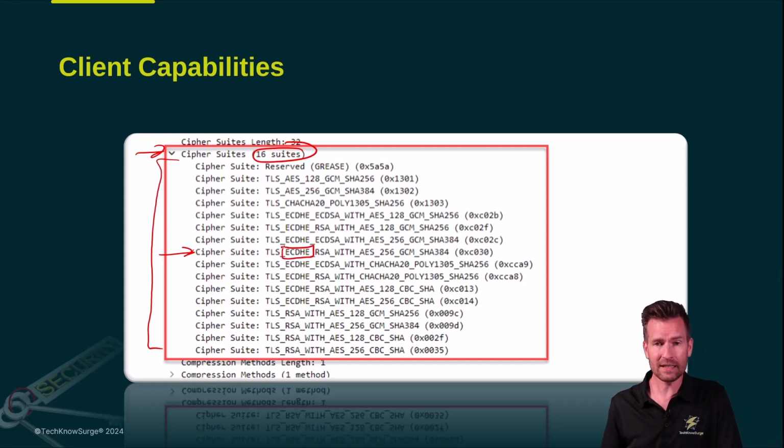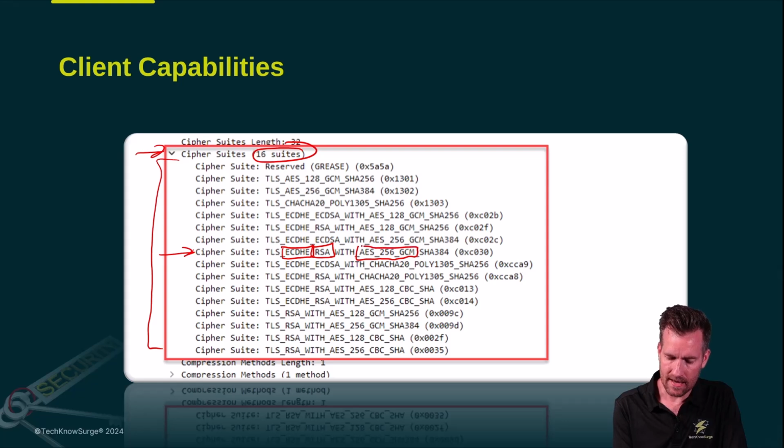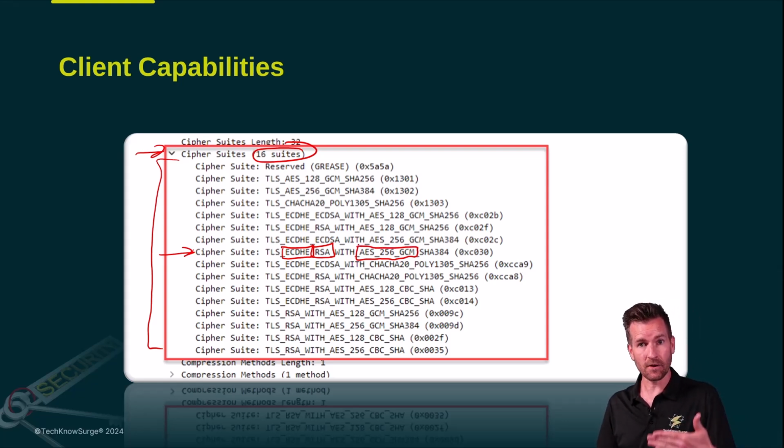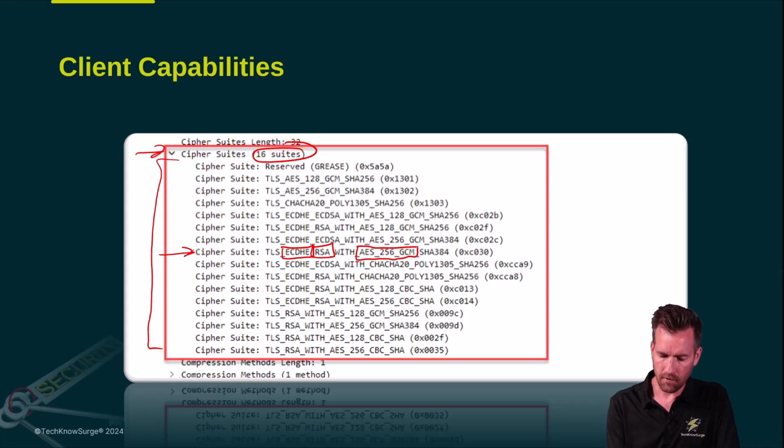For the authentication piece, it supports RSA. It will use AES 256 GCM for that session cipher and encryption. And then for the integrity piece, it's going to use the hashing algorithm of SHA-384.